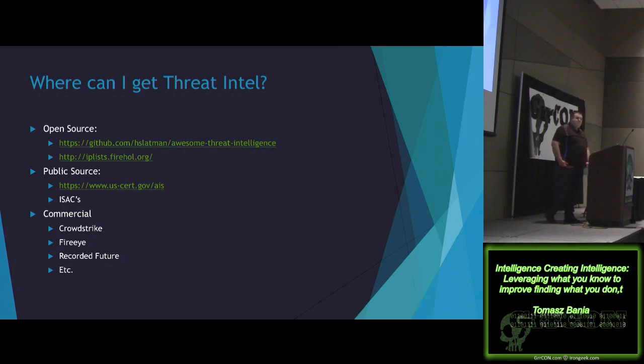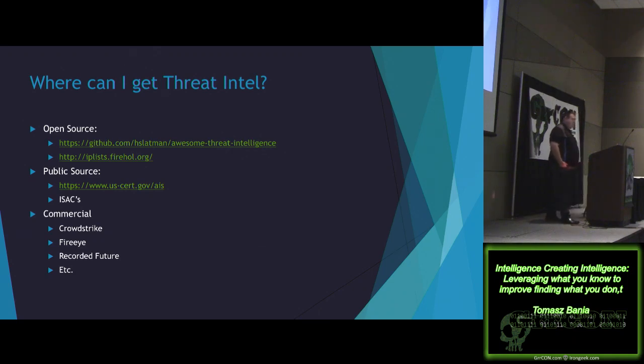And the second one, some of you may already be familiar with, are various ISACs. These are organizations that are usually formed from particular business sectors, whether it be entertainment, finance, banking, industrial, and they like to share information together.